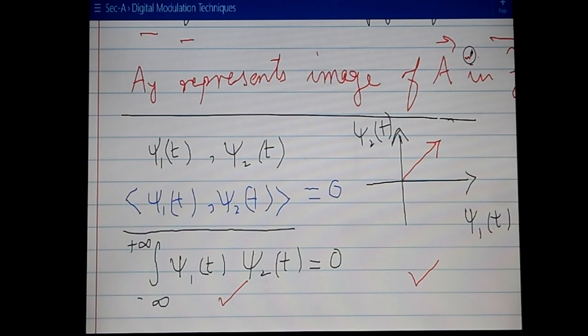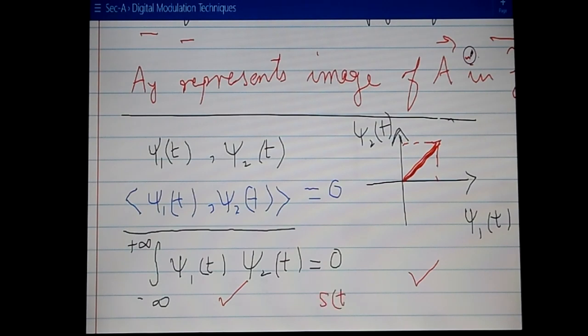So we can define any vector in this space, and that would be a linear combination of psi 1 of t and psi 2 of t. So this vector itself represents a signal s of t.